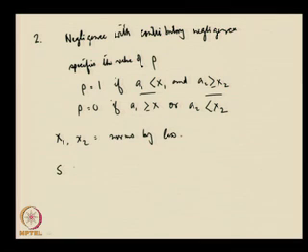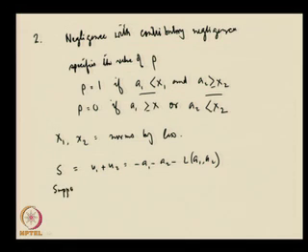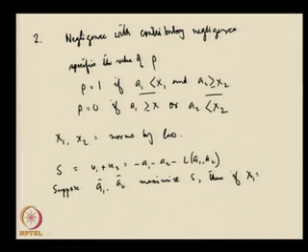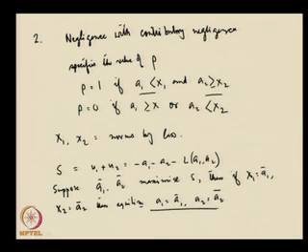If social welfare, let us call this S, is U1 plus U2, then we can see that this is nothing but this, and suppose A1 bar, A2 bar maximizes S. Then if x1 is equal to A1 bar and x2 is equal to A2 bar, then equilibrium A1 will be equal to A1 bar and equilibrium A2 will be A2 bar. So, that is the result. Thank you.